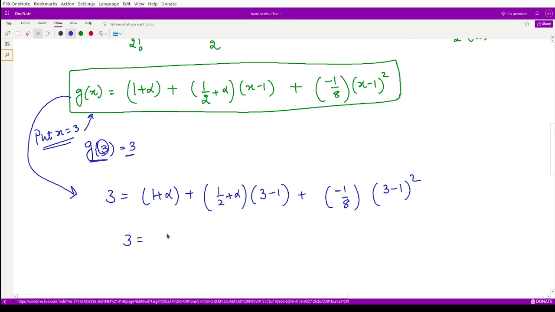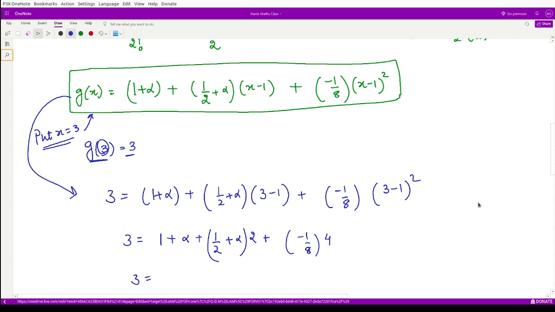We can solve this, and from here we can evaluate the value of alpha. So we have 1 plus alpha, plus 1 by 2 plus alpha into 2, plus minus 1 by 8 into 2 square, and 2 square is 4.